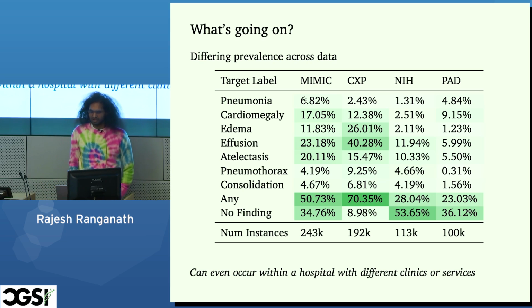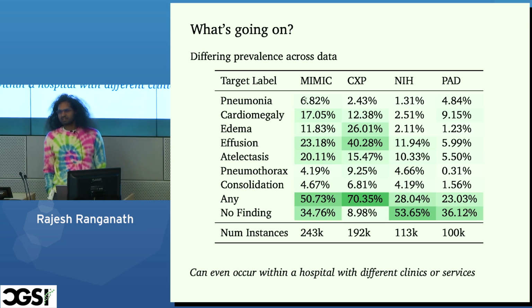And so these models can learn to do somewhat well by saying, hey, this data came from the MIMIC data set, so there's a higher chance of pneumonia. If you only have data from a single data set, you can't really do that. You can't learn to classify based on the differences between data sets.